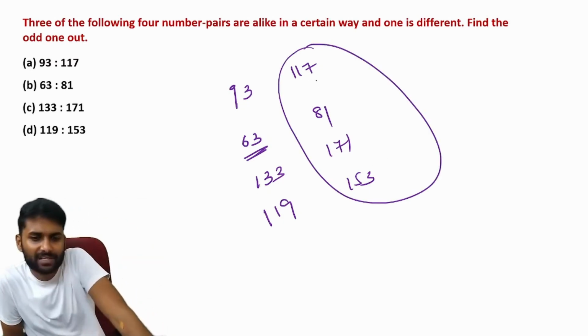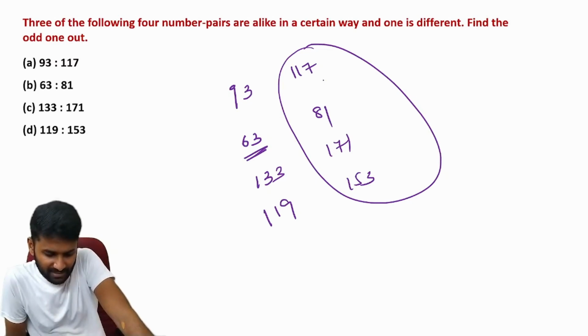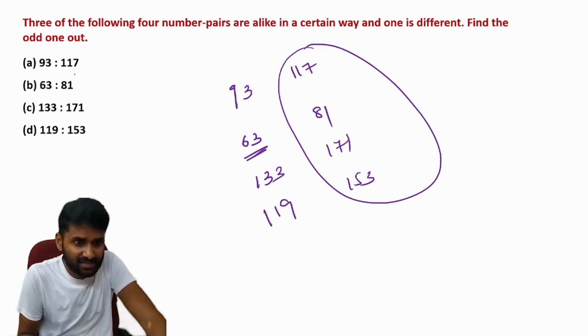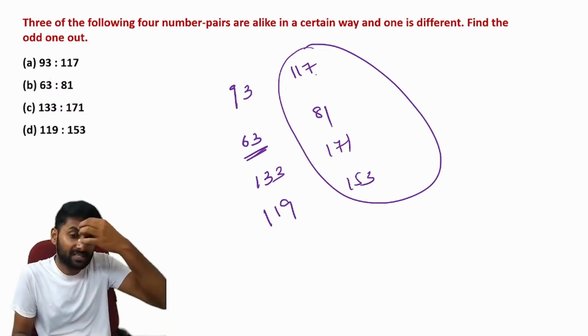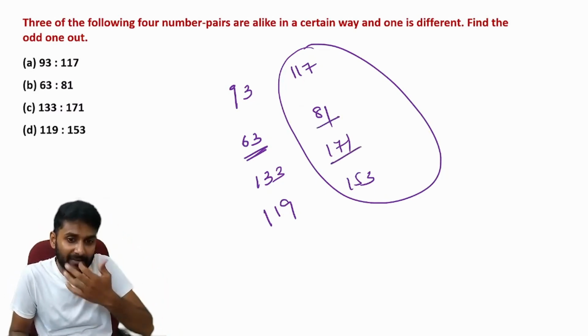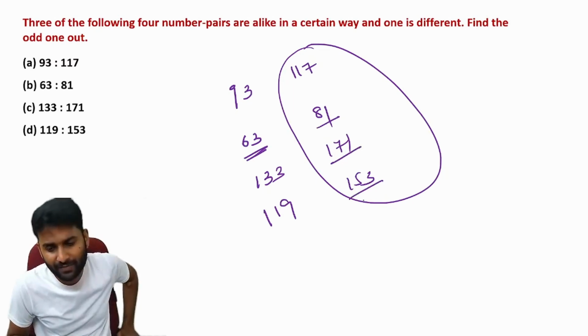Now, 93 is not a prime number, it is a composite number. See, 117 is divisible by 9, 81 is divisible by 9, 171 is also divisible by 9, 153 is also divisible by 9.